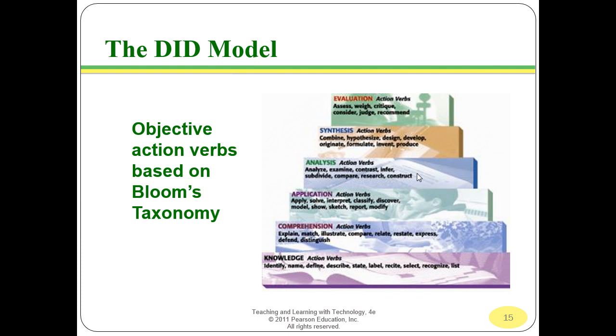Under analysis: analyze, examine, contrast, infer, subdivide. For evaluation: assess, weigh, critique, consider, judge, recommend. These are all action words that a student is going to need to do in order to fulfill the objectives that we've got.